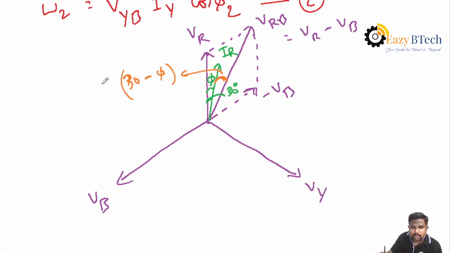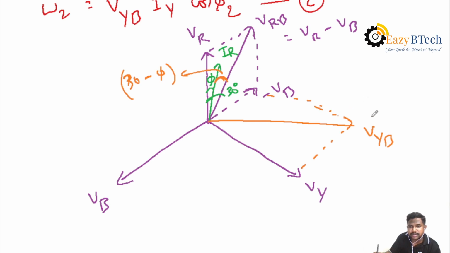Similarly, if you find the other voltage, that is the wattmeter reading VYB. Similarly, this is the combination of this vector and this vector, that is VY minus VB. In the same manner we can write down the current also.